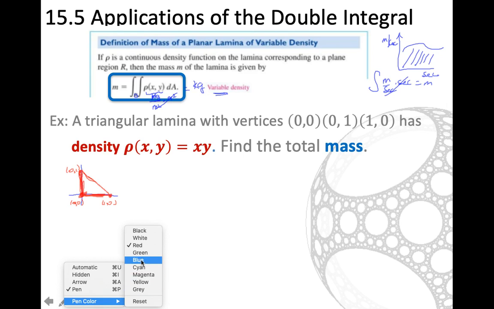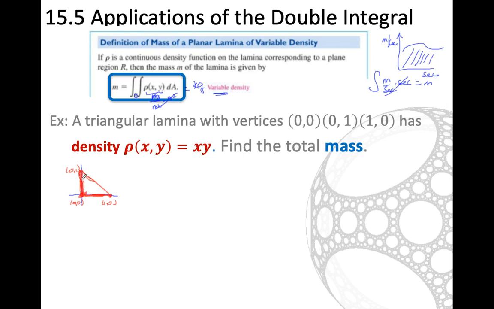The density is going to rise up. I can't really draw this, but it's going to be around here, at your max x, y.